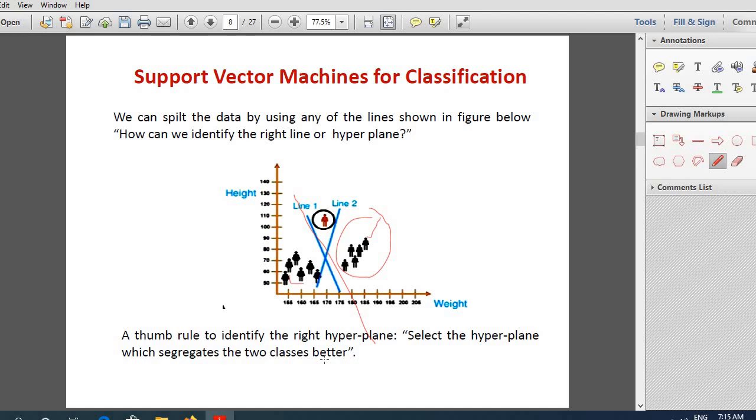So which line should you take for classifying the data? That is the main question. According to a general rule of thumb, which is the right line or the right hyperplane that you need to select? The answer is to select the hyperplane which segregates the two classes better. So what is meant by better?